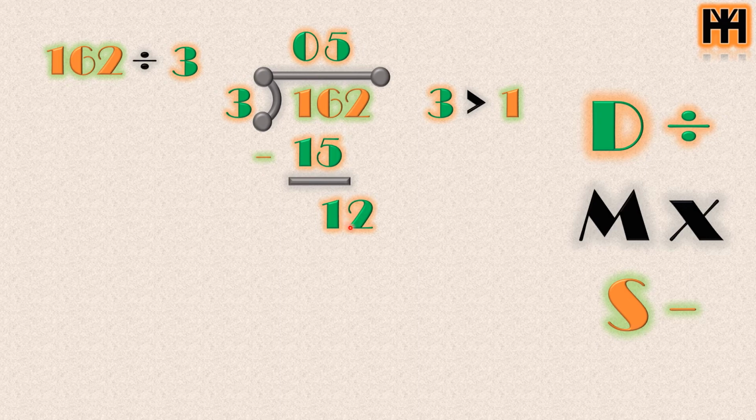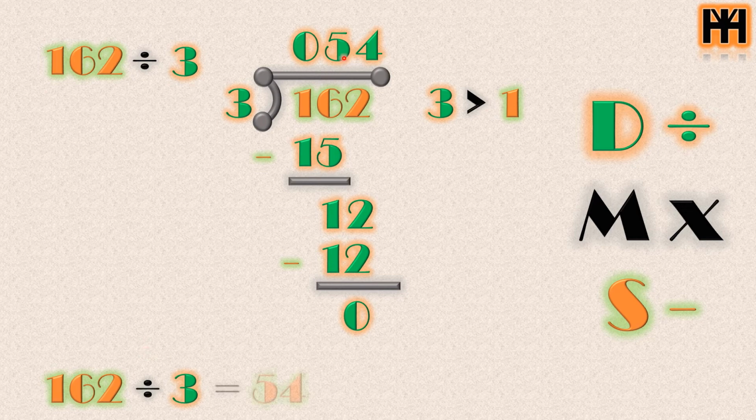Now we ask ourselves, how many 3s are inside the 12? It's 4, or 12 divided by 3 is 4. Then we multiply them. 4 times 3 is 12. Then you subtract them. 12 minus 12 is 0. So the result of the division will be 54, and the remainder is 0.